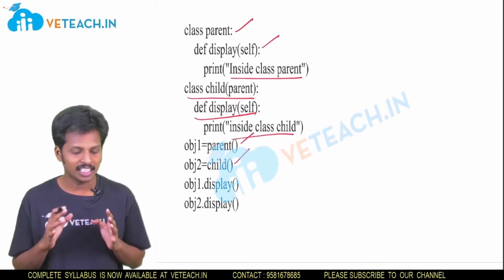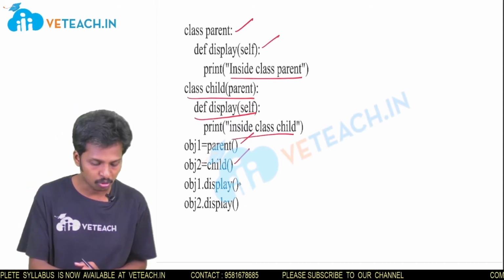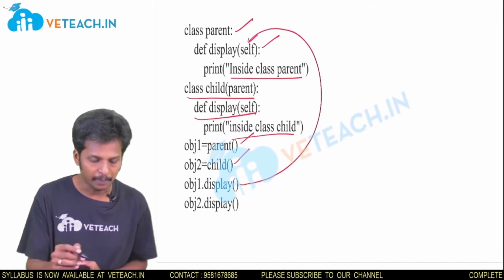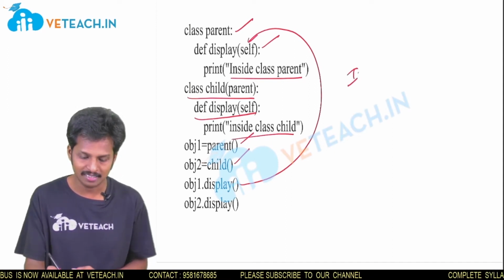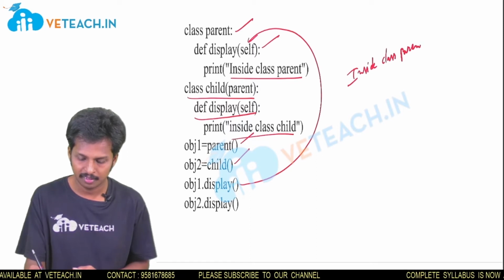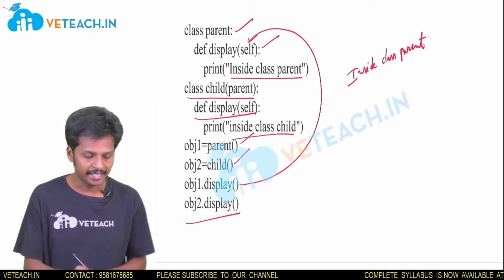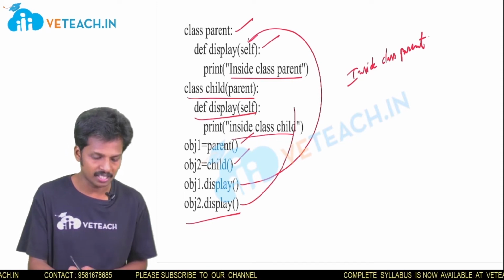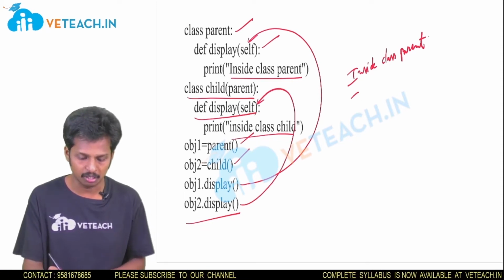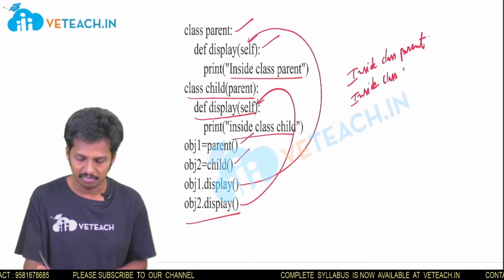When I call the display method using the object of class parent, it's going to call the display method present in the parent class and print a message inside class parent. And when I call the display method using obj2, it's going to call the display method present in the child class and print a message inside class child.